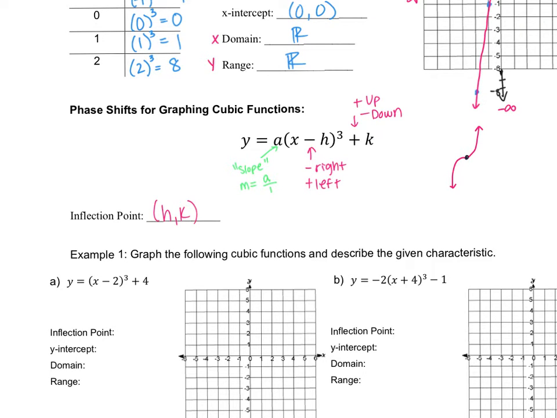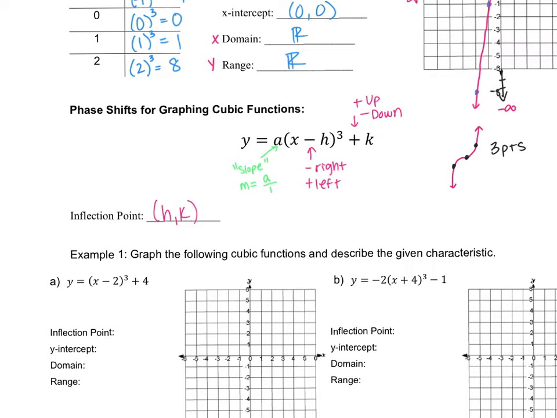The inflection point is what you're going to need, the middle point, and then you're going to use the slope to find the 2 points on the sides. You use the slope to find one side, and then you'll go in the opposite direction to find the 3rd point. And so this here is how we graph cubic functions. You need 3 points to do it.